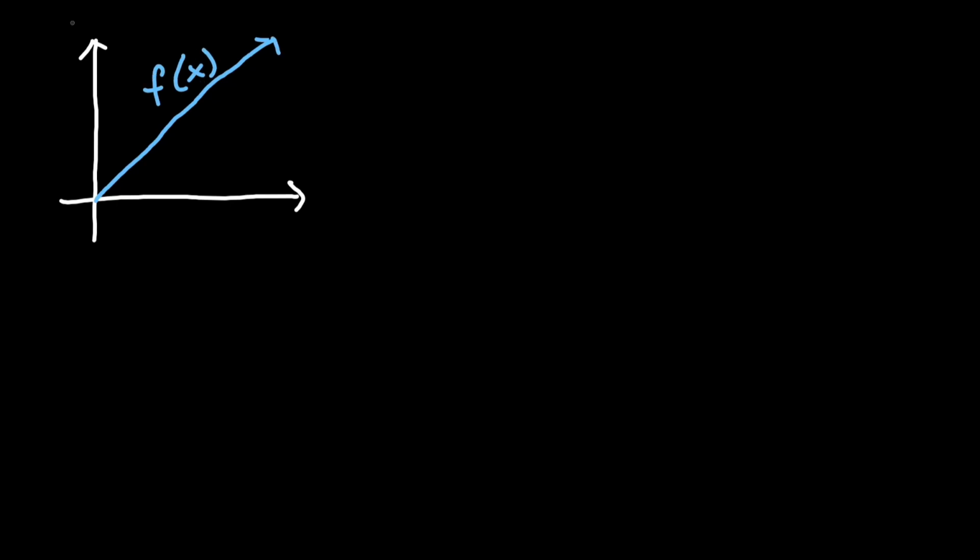In this video, we'll be talking about finding the area under a line or a curve. Suppose you're given something like a line here. Let's call this f of x.